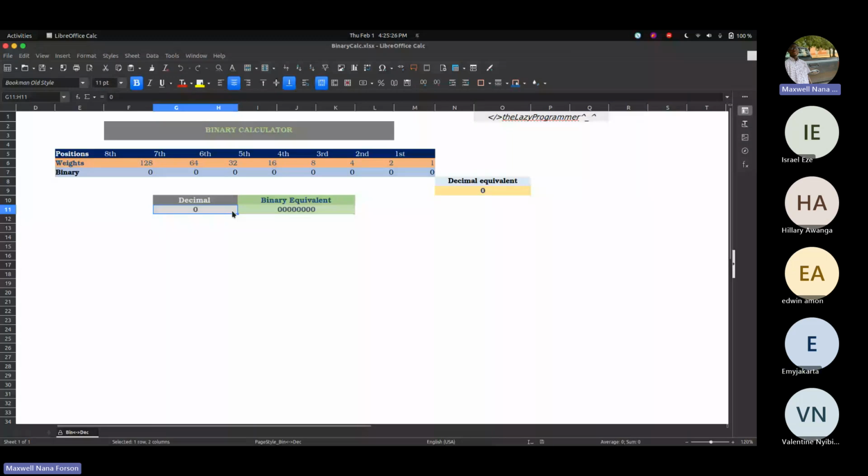So I would assume that you can see that. Here I have something like a binary to decimal calculator, done in Excel. Here we have 255. If I write 255 here, you can see that all the ones are turned on, right? In the same way, if I change it to something else, it's going to be that.